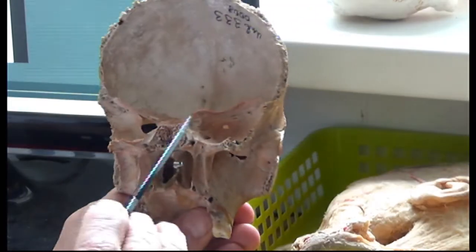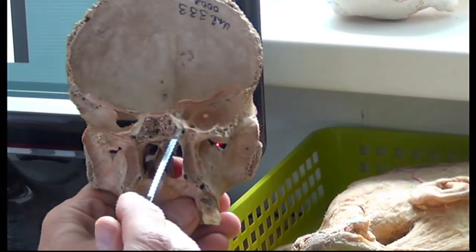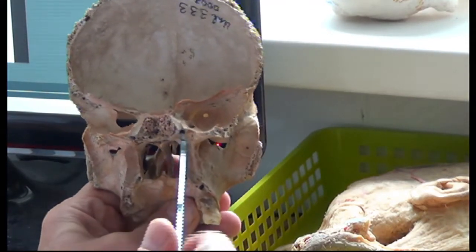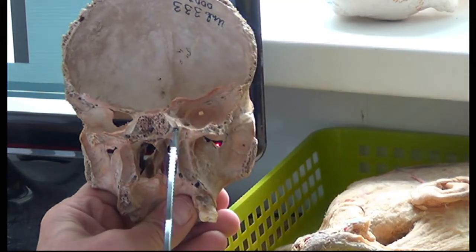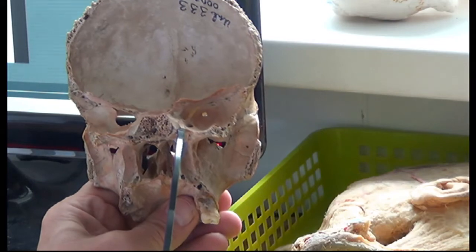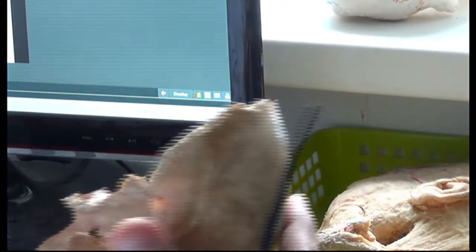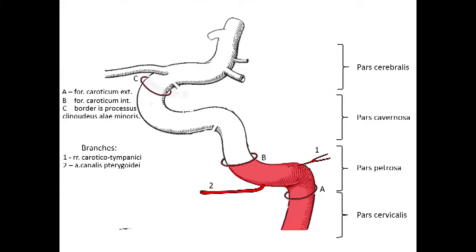And I use also a natural specimen. Here it is, Canalis pterygoideus, where inside we can find Arteria canalis pterygoidei. Okay, let's return to our picture.